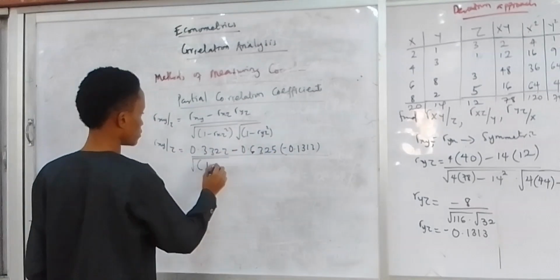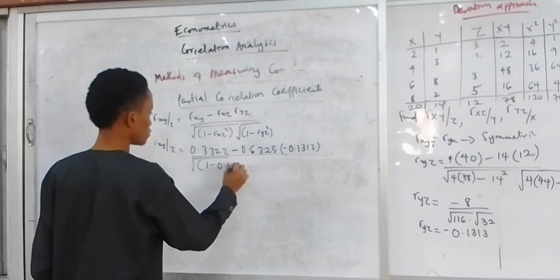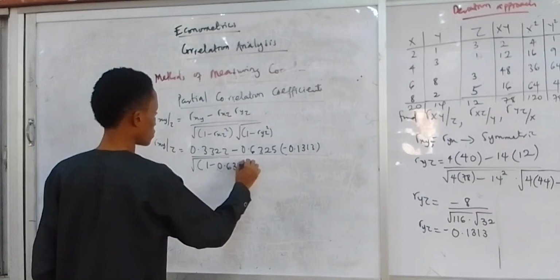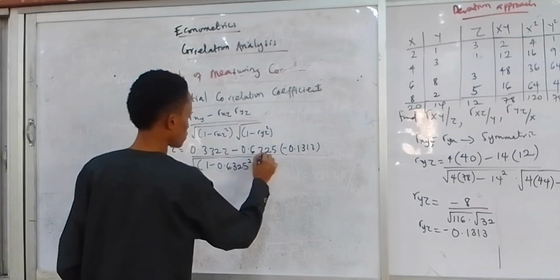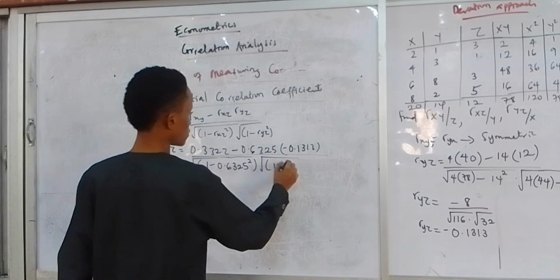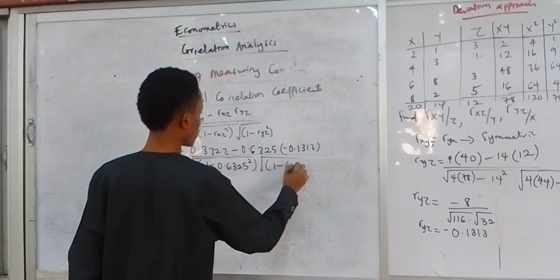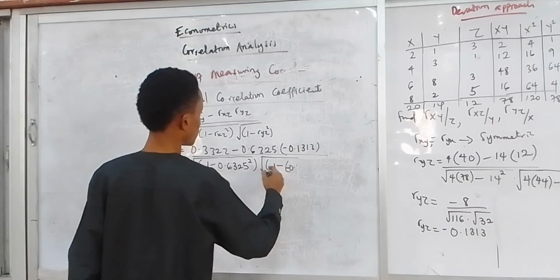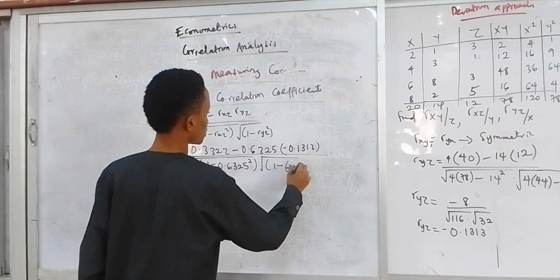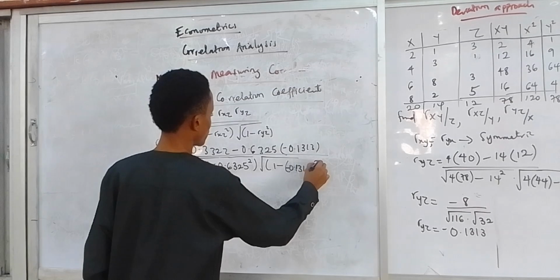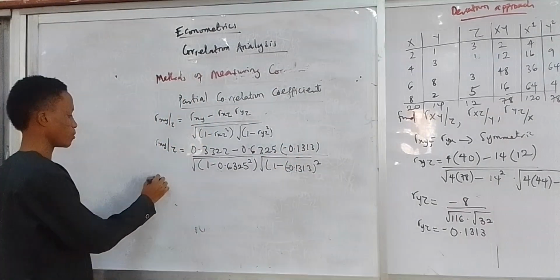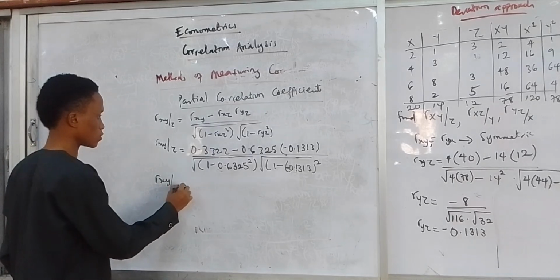square root of 1 minus the bracket 0.1313 raised to power 2. This is for the value rxy.z, holding z constant.